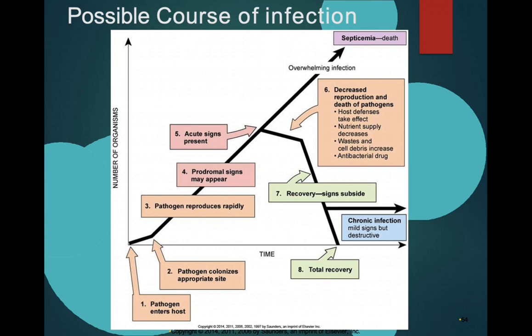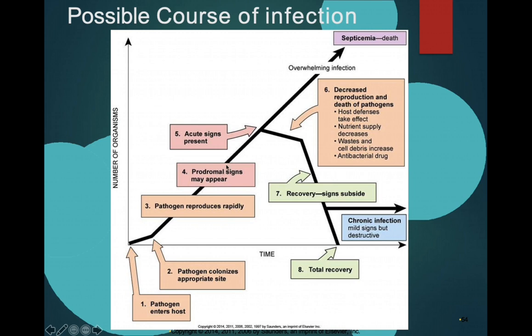So we see here a pathogen enters the host. Here's the number of organisms, and here is over time. So here we have the pathogen. Over some time, it can colonize at an appropriate site, and then it really starts to reproduce, and then it multiplies, and then there's the prodromal sign.